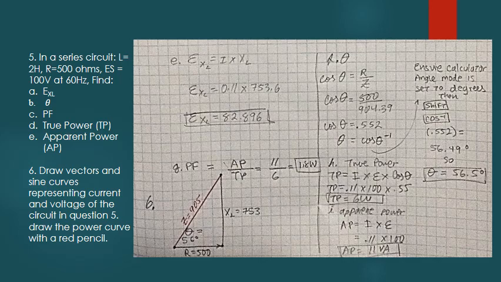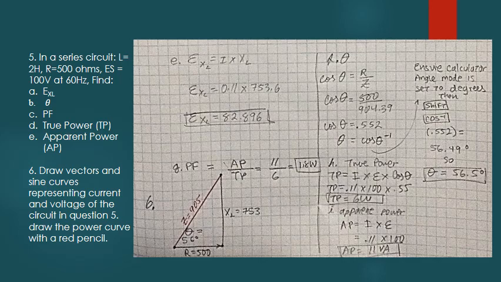To find your apparent power, again, current times voltage, 0.11 times 100 gives us 11 volt-amps, VAs. And then to find our PF, step G, we simply divide apparent power by true power, in this case 11 divided by 6, or 1.8 watts.